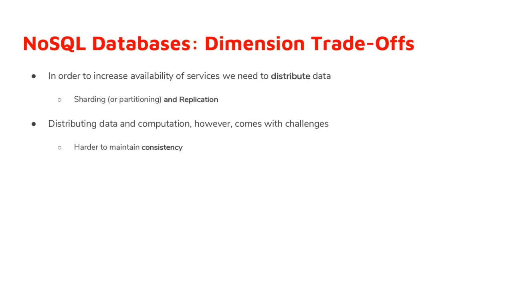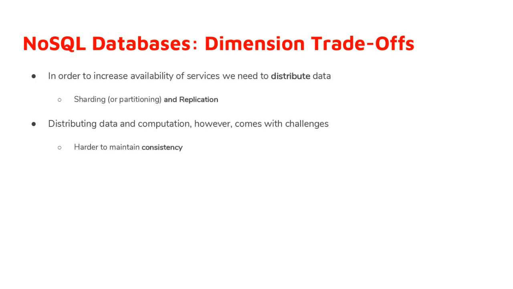So sharding or partitioning, we'll see what it means, but it means in essence to split the data or partition the data and keep a part of the data on a different server, and replication means copying the same data on different servers. So those are two strategies to distribute data.